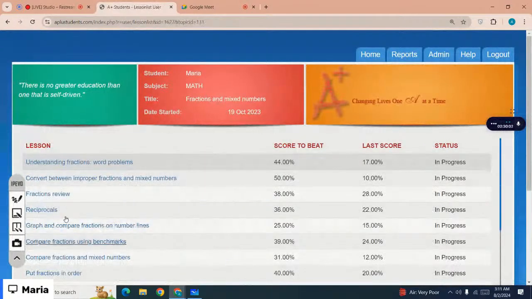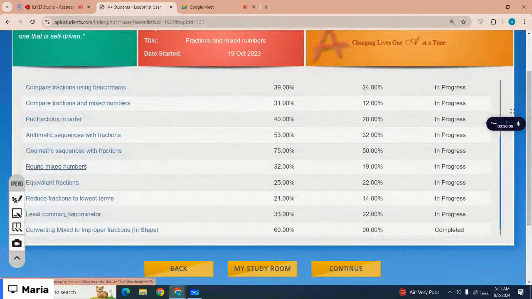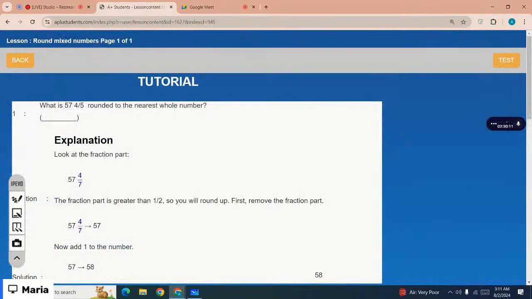Here I'm on the chapter. With the lesson, let's see how do we round the mixed numbers, right?